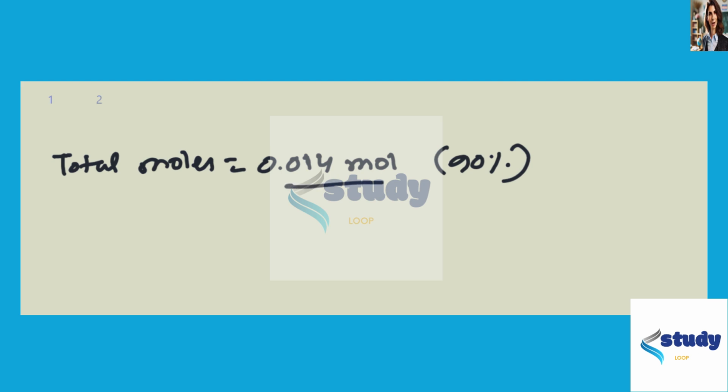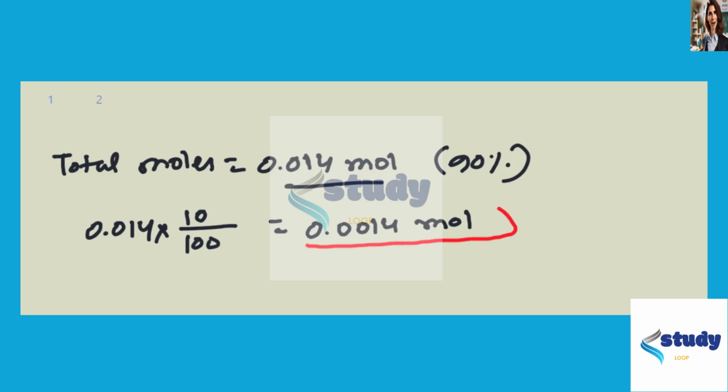That means in the solution we will have 10% remaining. So the number of moles of the ions remaining in the solution is 10 by 100 of this, and we will get 0.0014 mole. So this much ion will be remaining in the solution after we add sodium carbonate to remove them.